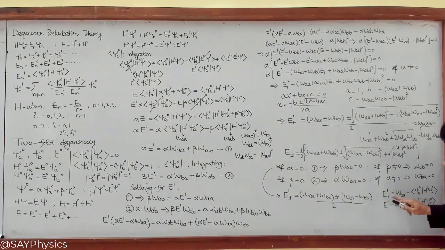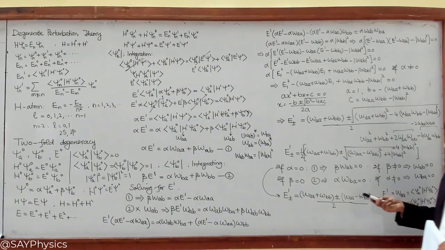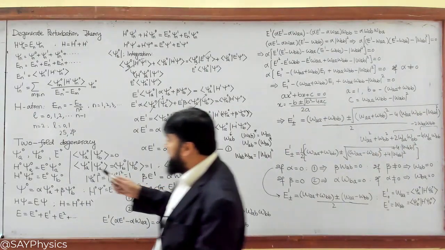So it means that the first order correction to the energy for the unperturbed states, but the states are degenerate, we have removed the degeneracy because we got two values of E1. This is which was required. We got two values of E1.